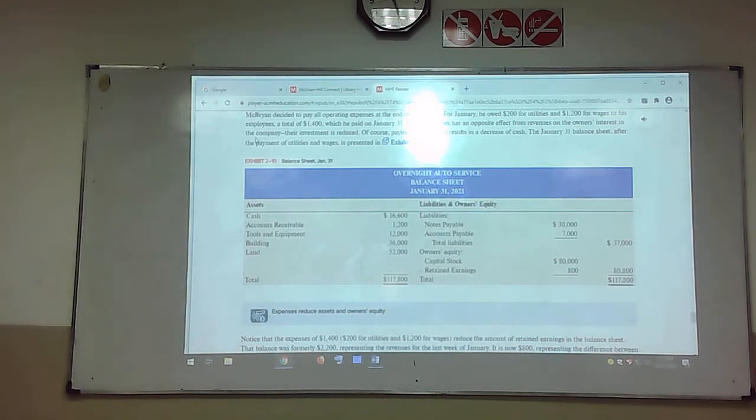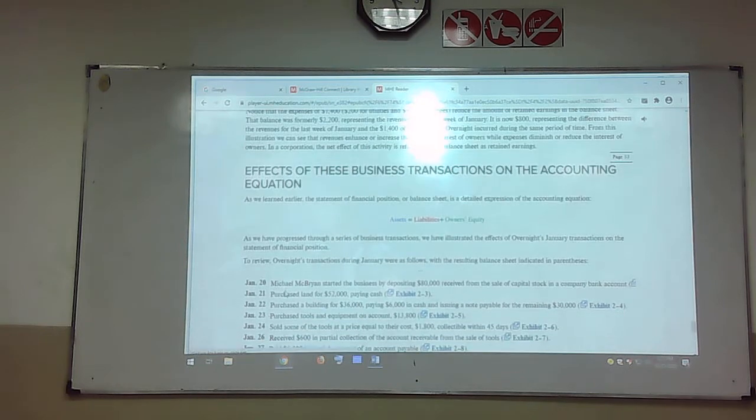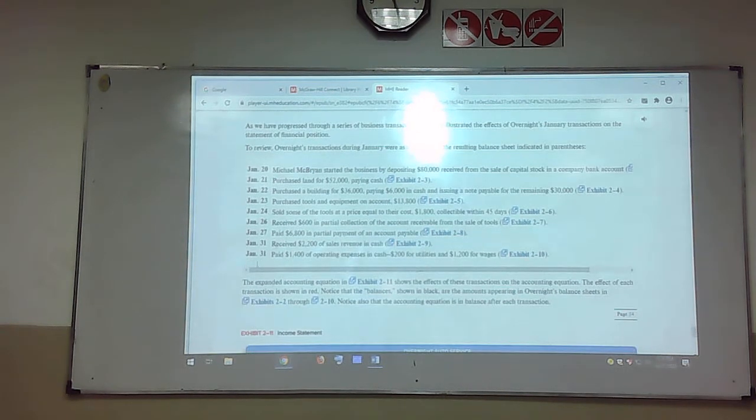Let's just look at this example. So now, as you can see, the statement of financial position: assets is liabilities plus owner's equity, and now these are the following dates that have been given to you. Let me just enlarge this so that you can see it.